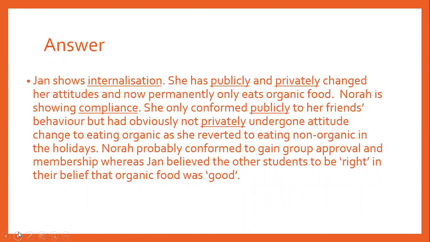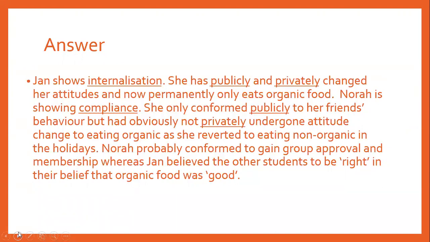Okay, so we've made a point about Jan, identified the type, we've explained how it's impacted on her behavior, we've linked it to the stem, now we've identified the type with Nora. She only conformed publicly to her friends' behavior, but had obviously not privately undergone attitude change to eating organic, as she reverted to eating non-organic in the holidays. So when she was no longer with them, she no longer ate organic.